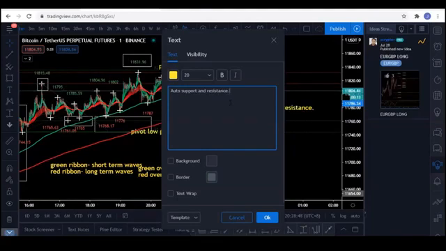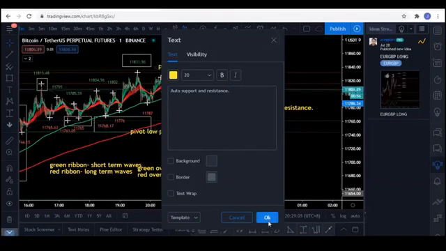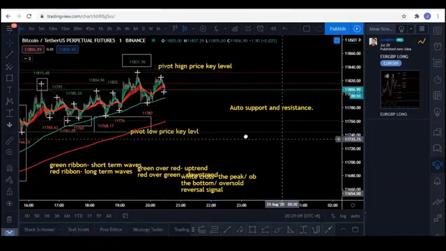This script is also useful for beginners who have a hard time plotting support and resistance. We are already advantaged because the script can automatically plot support and resistance.